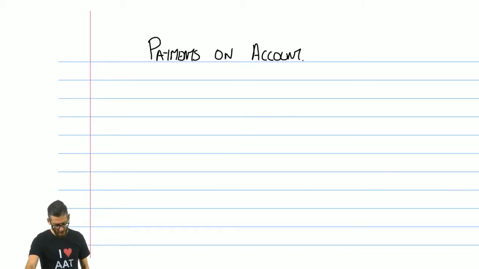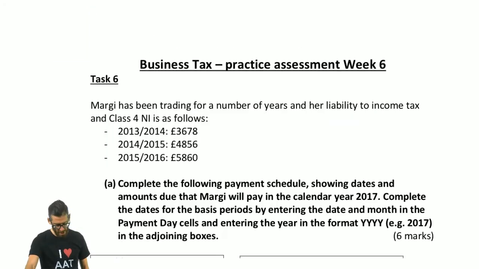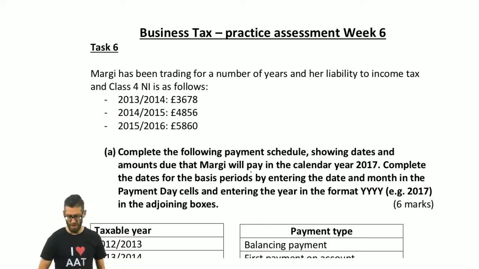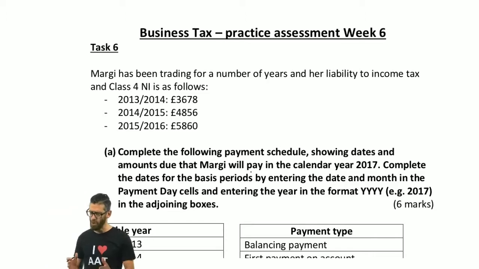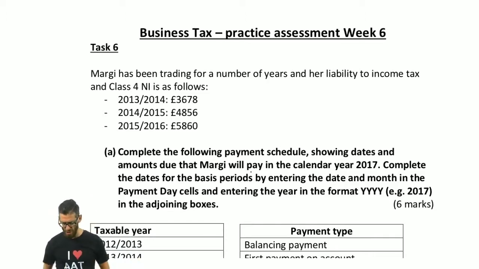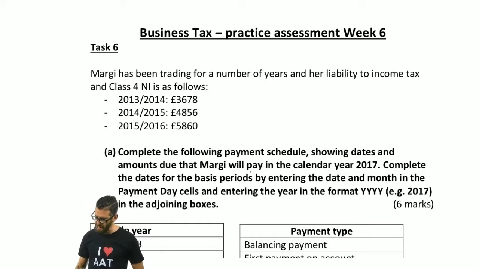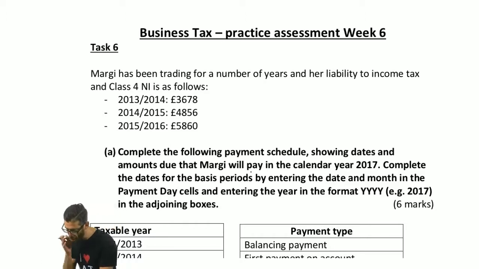And we have a taskette given to us that is from the AAT's assessment. And let's have a quick look at the opening introduction. So task number 6, Margie has been trading for a number of years, and her liability to income tax and class 4 national insurance.